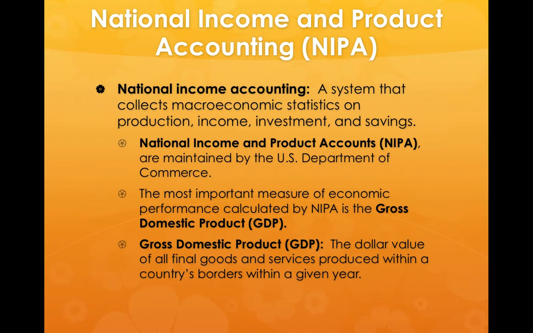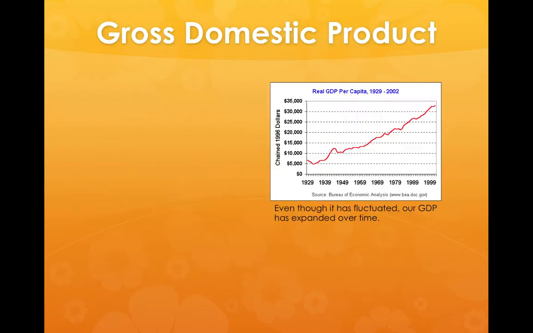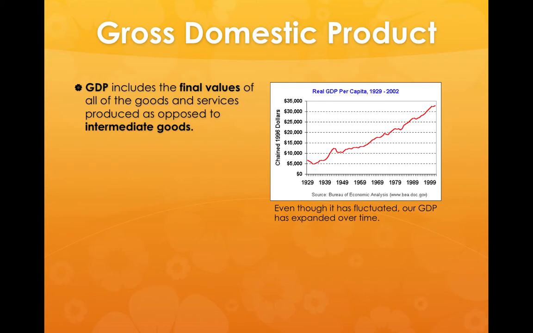The gross domestic product is defined as the dollar value of all goods and services produced within a country's borders in a given year. GDP includes the final values of all of the goods and services produced as opposed to intermediate goods.